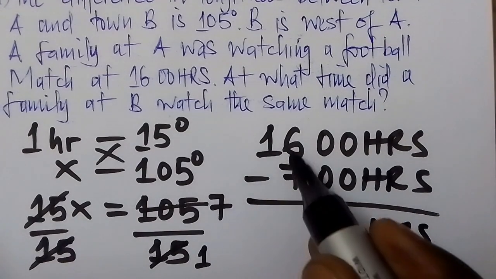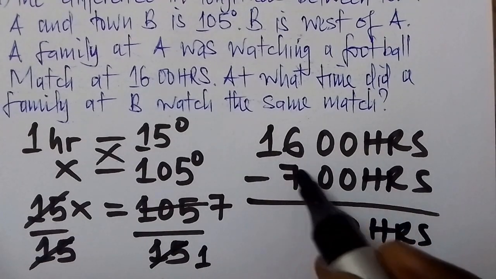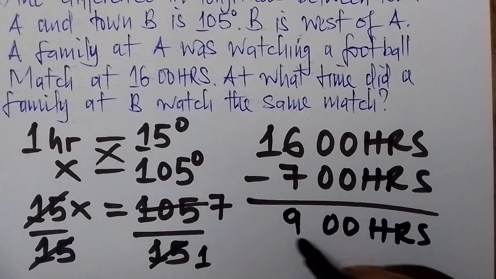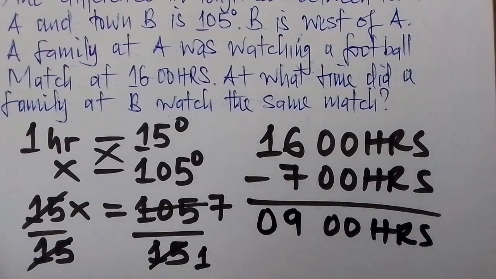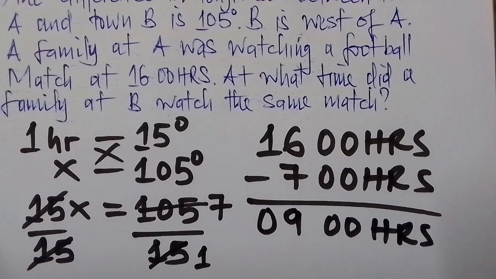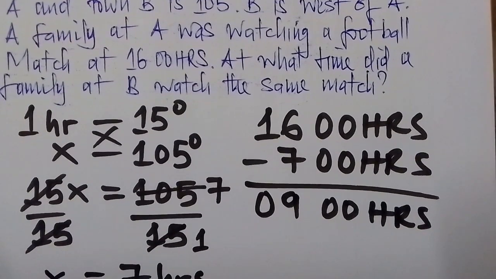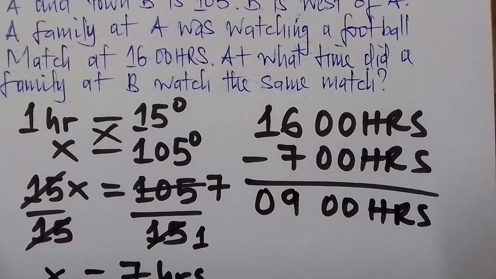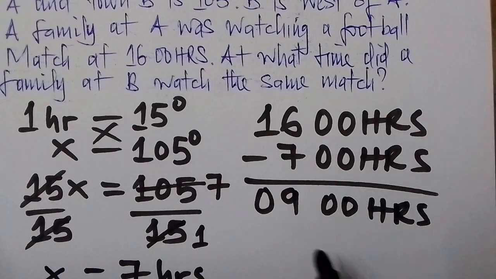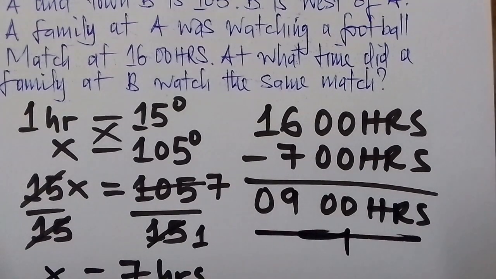Then 16 take away 7 gives you 9. We can even put a 0 here so that it becomes 09 hours, which is the time at B. So a family at town B was watching this match at 09 hours.